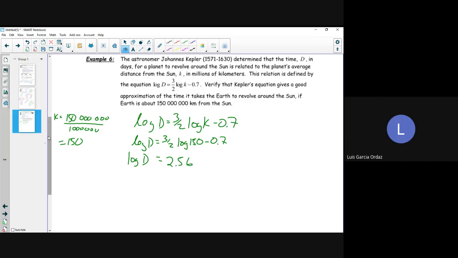However, we still need to solve for d. So whenever we're not given a specific base, we can always assume the base of the log is 10. So we have log base 10 of d is equal to 2.56. And if we use what we learned from unit 1, the answer is just 10 to the power of 2.56 is equal to d. So if we do 10 to the power of 2.56, what is our d value?